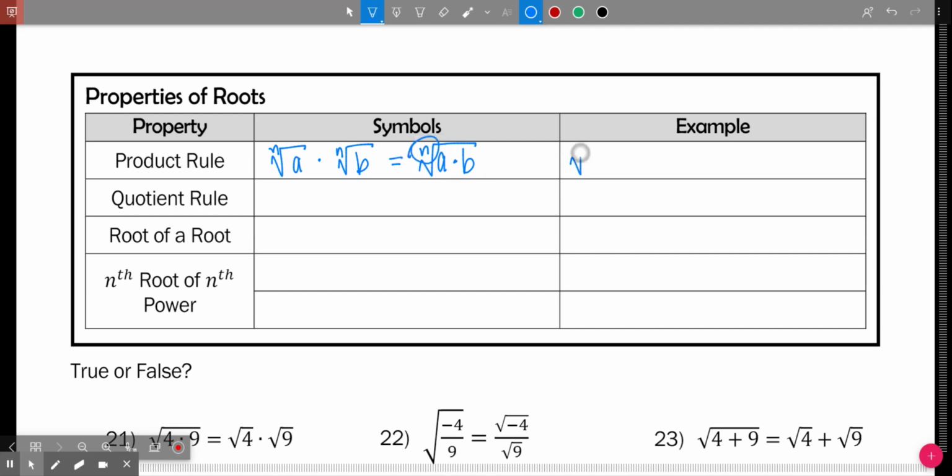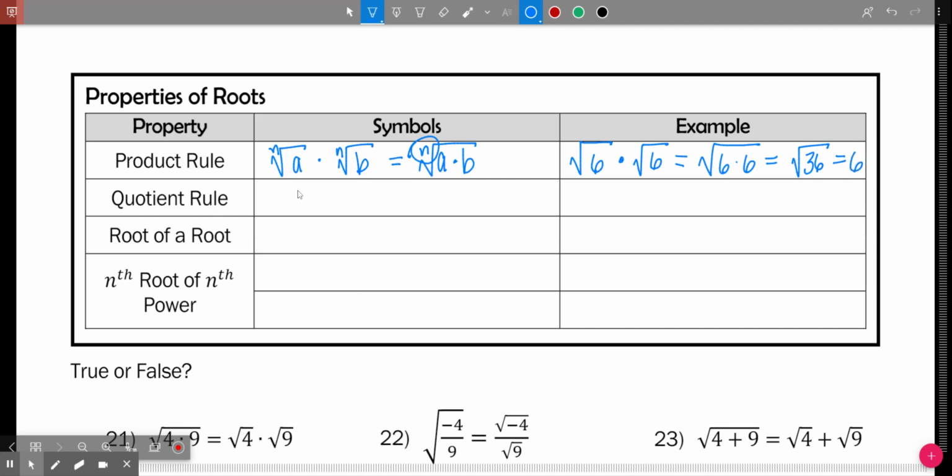So for example, let's say we're finding the square root of 6 times the square root of 6. Well, we have the same index, so we can find the square root of 6 times 6, which would be the square root of 36, which is 6.